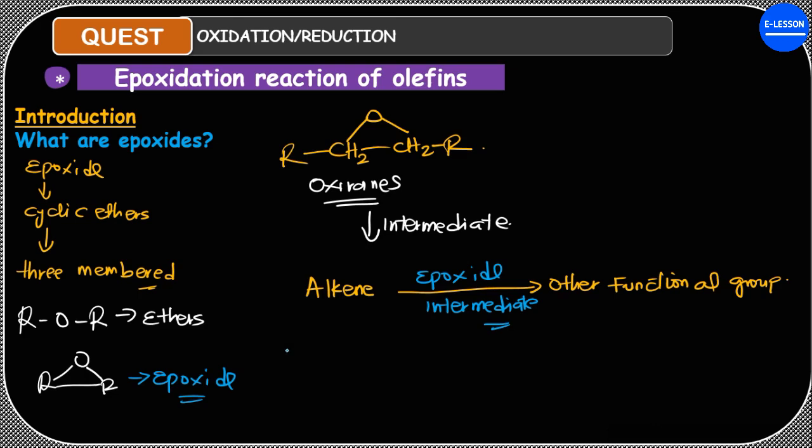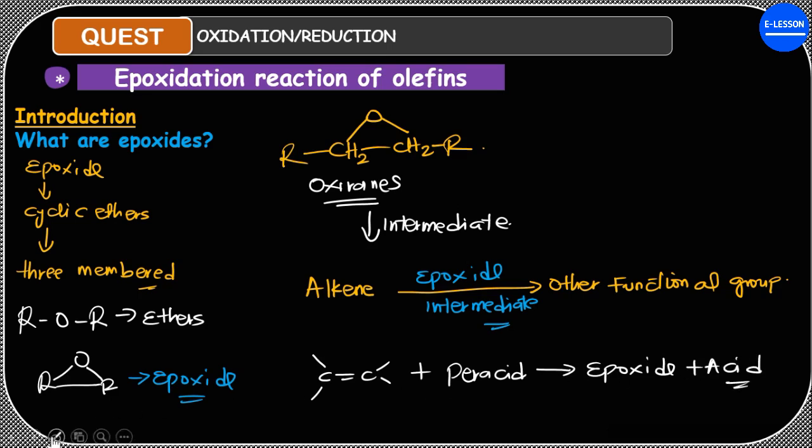So whenever we have an alkene, the double bond, plus a peroxy acid, or a peracid, it is going to give us the epoxide plus a carboxylic acid.